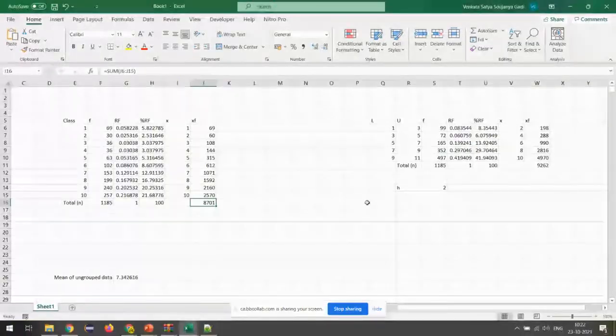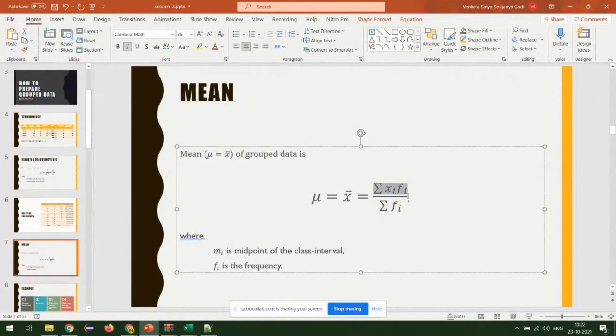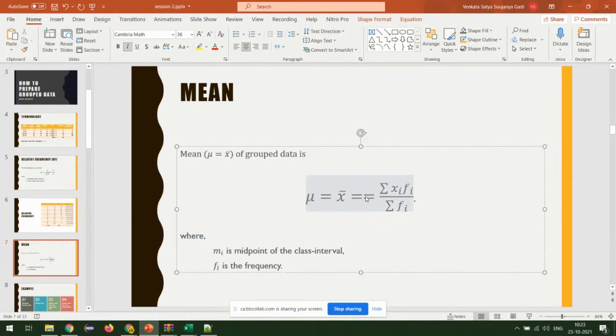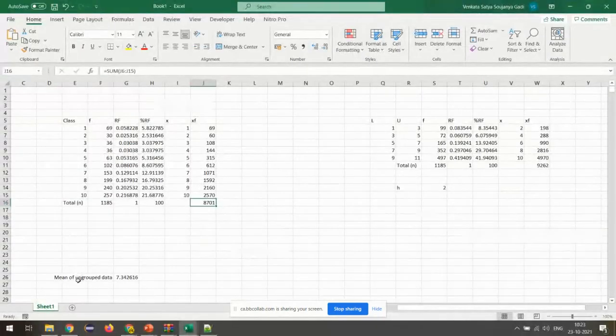We already know this whole thing is equal to n, the sum of all the frequencies. So what we can do is the mean.